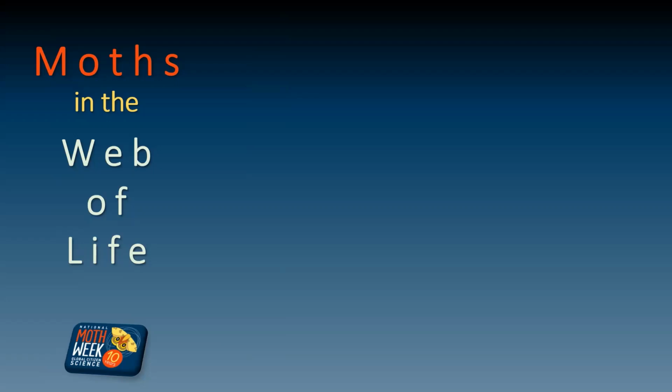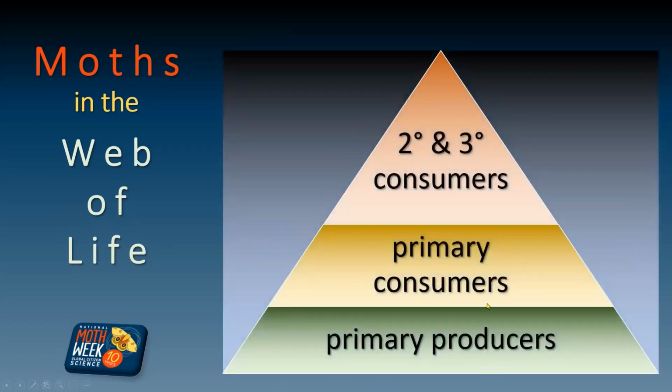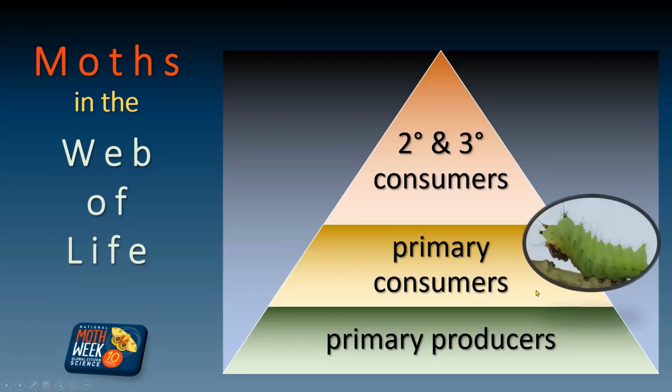Most people think of the web of life actually as the trophic interaction, the sort of bottom to top approach of production and consumption, which is a process within the web of life of how species interact. Now, moths are not primary producers, they are primary consumers, at least in the larval phase.